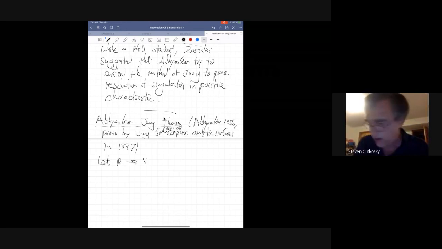So let R to S be finite, where R is an algebraic local ring, and S is normal.